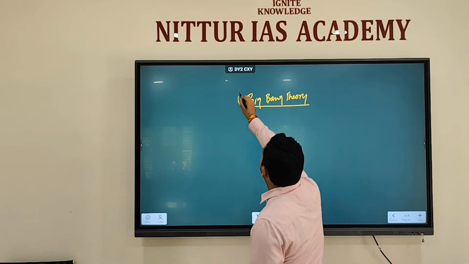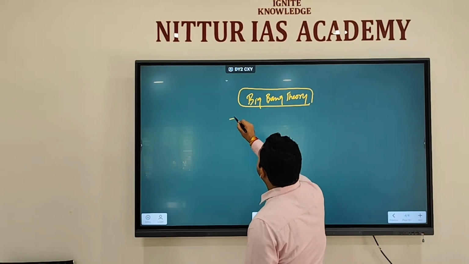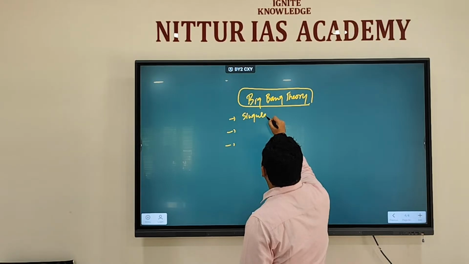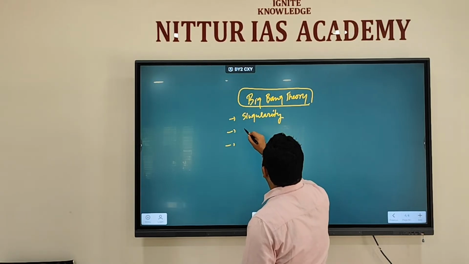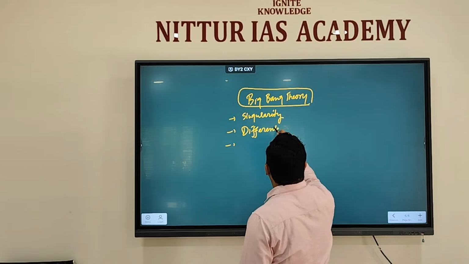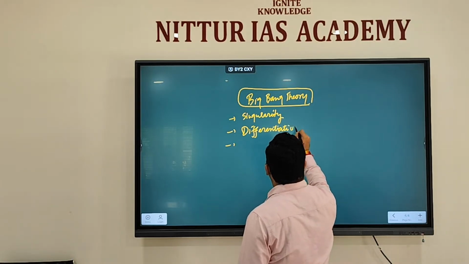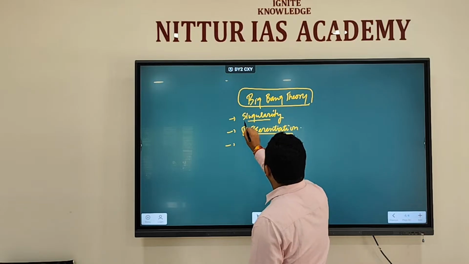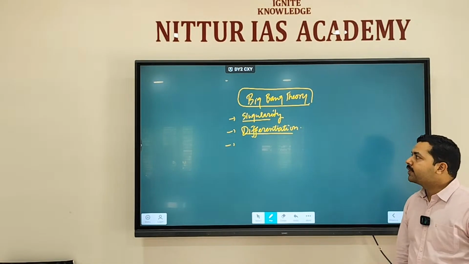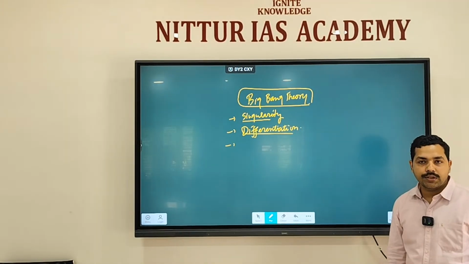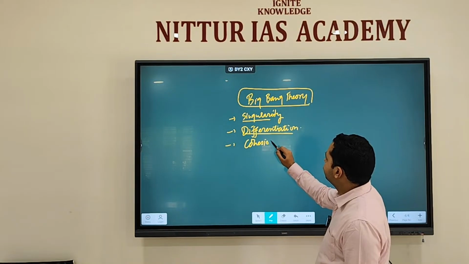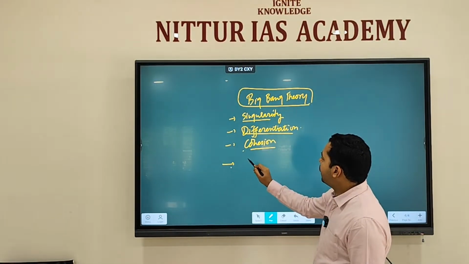Some of the terms that you have to keep in mind with regard to the Big Bang theory are singularity, differentiation, cohesion, accretion.